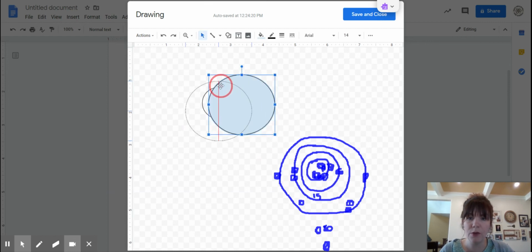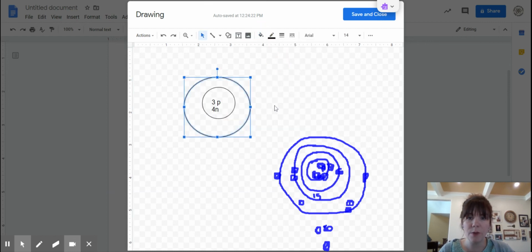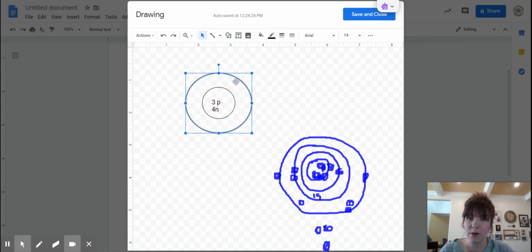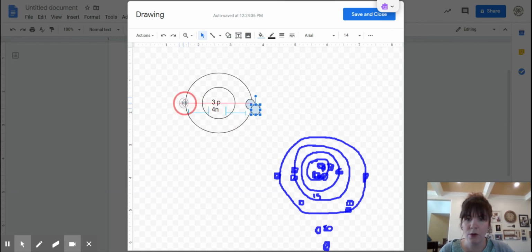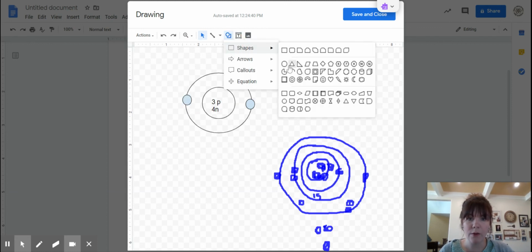I can also move them so that it's even, make it transparent so you can see what's in the center. There we go. And then I can add electrons on the outside. So here's electron 1, electron number, I'll just copy that and paste it, 2. And then I'm going to need one more outer level.